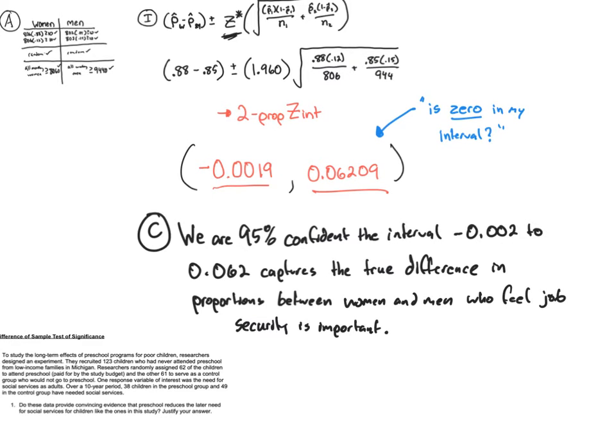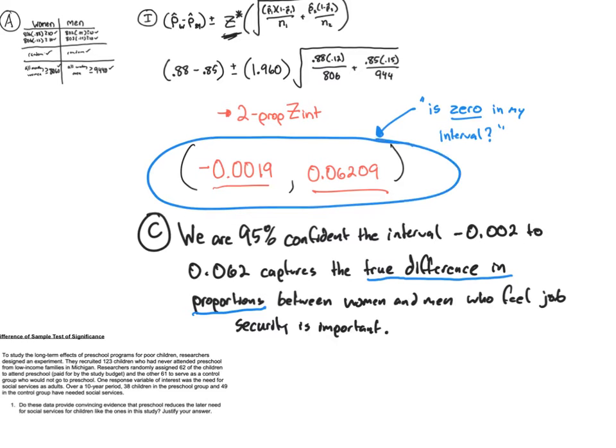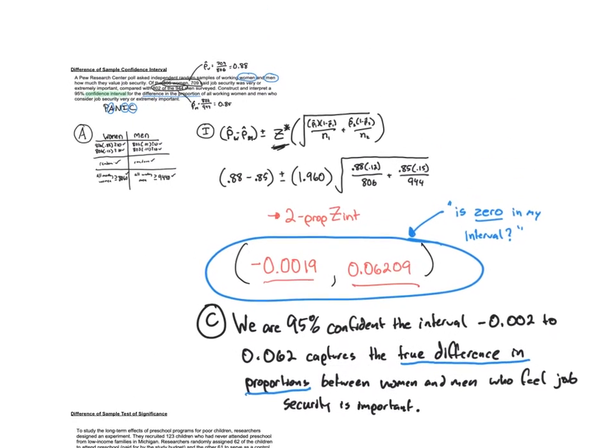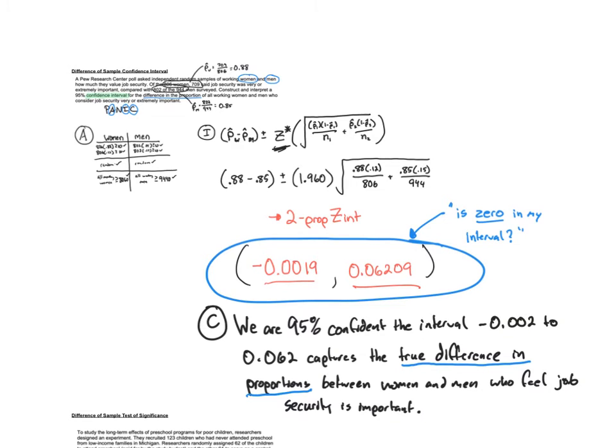Okay, let me highlight true difference in proportions. That's literally what we're trying to find, the true difference in the proportion. I'm 95% confident that it is in this interval. There it is, confidence interval.